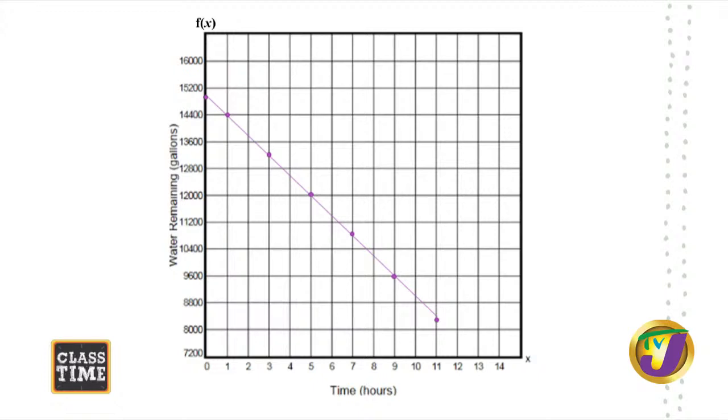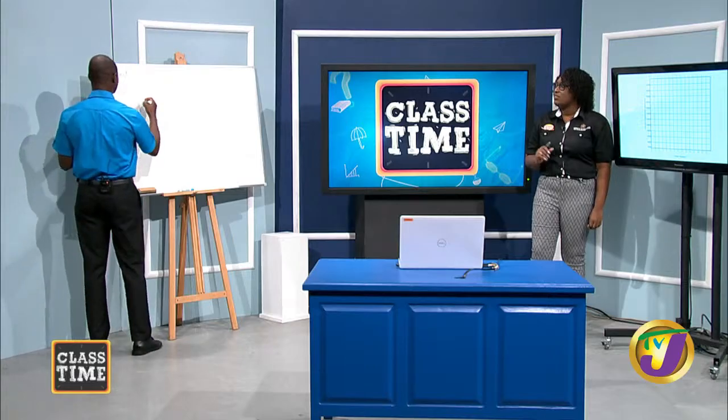Now, just looking at the graph, our y-intercept is, again, Mr. Price? That's about 15,000. So it's about 15,000 gallons, right? So our y-intercept is once again where our function cuts the y-axis. So you can write that down for me, Mr. Price. Okay. So my y-intercept in this case is 15,000.